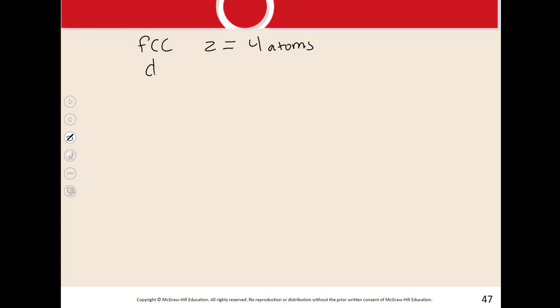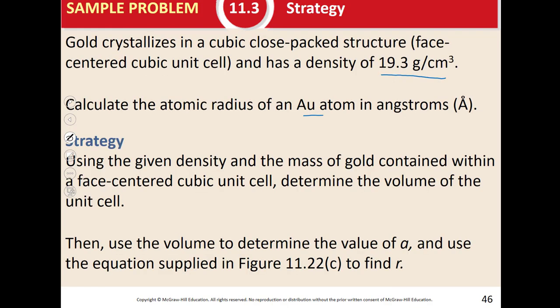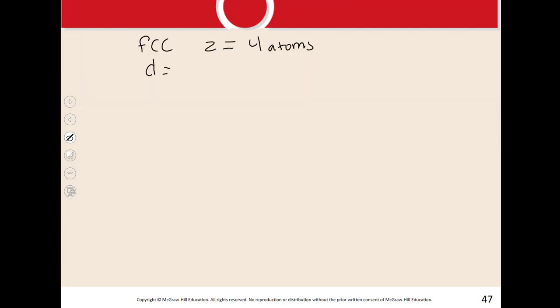We know that the density was given as 19.3 grams per cubic centimeter. We also know another piece of information. We know that it's gold.